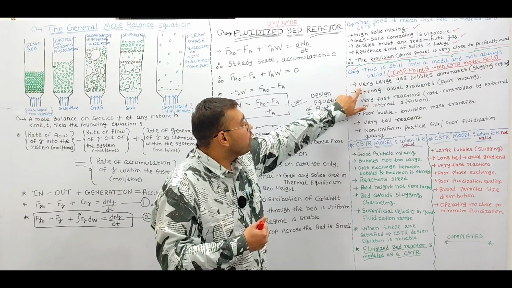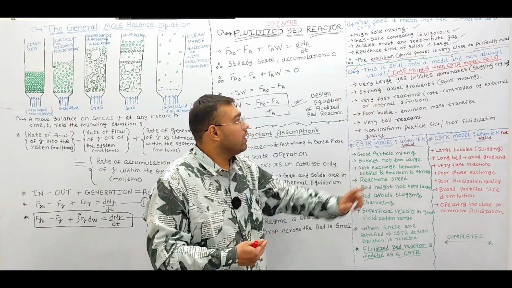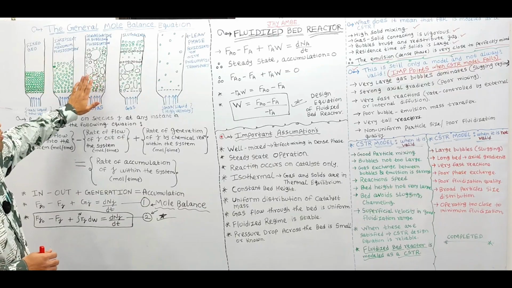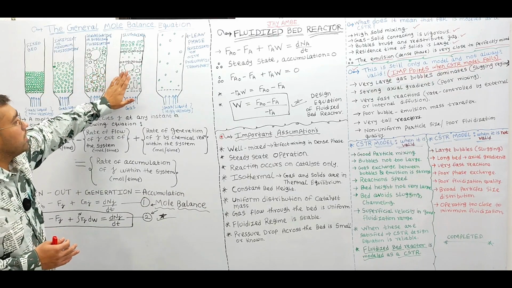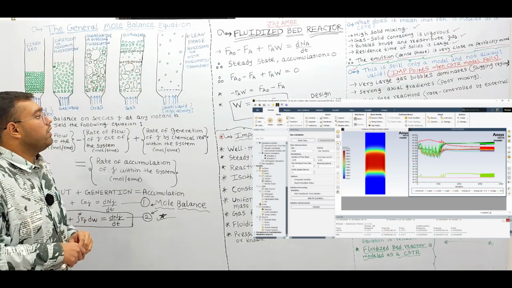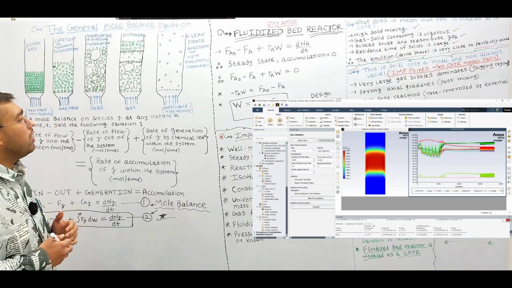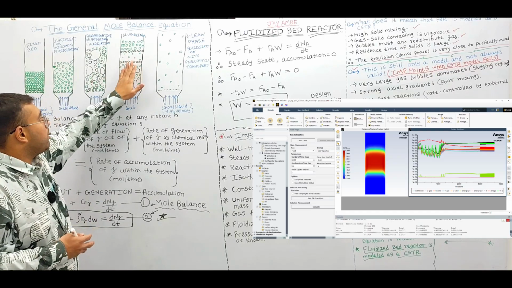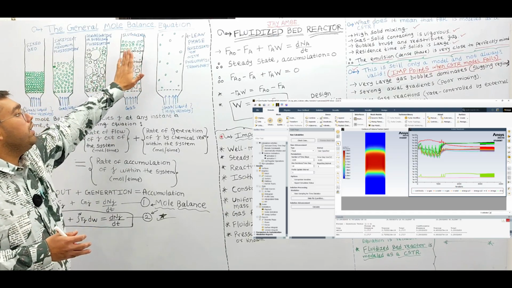when we have very large gas bubble formation in the fluidized bed reactor, which results in the slugging regime. Slugging regime means that due to the formation of very large gaseous bubbles in the fluidized bed reactor, we will have the slugging regime.